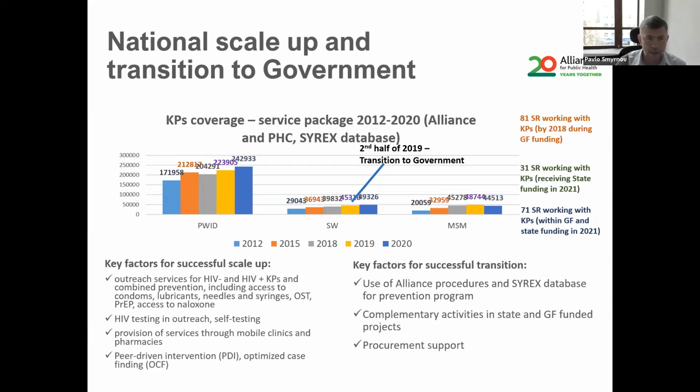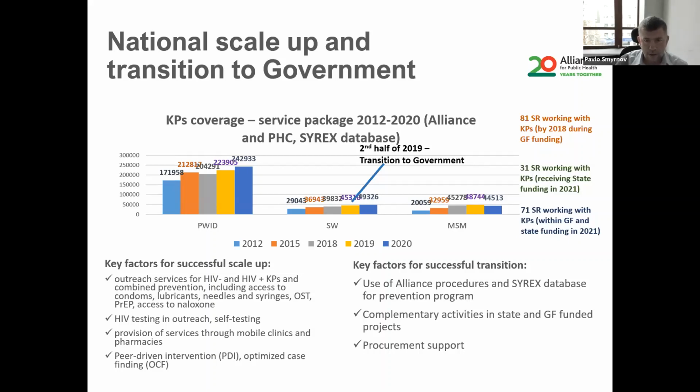We have successfully advocated it. In 2019, the government started to fund all basic package prevention services and care and support services for key populations. And as you can see, this was successful as we haven't dropped our coverage due to the transition.